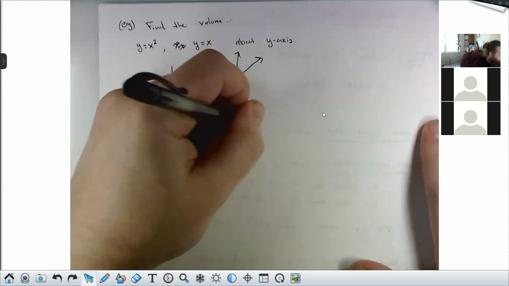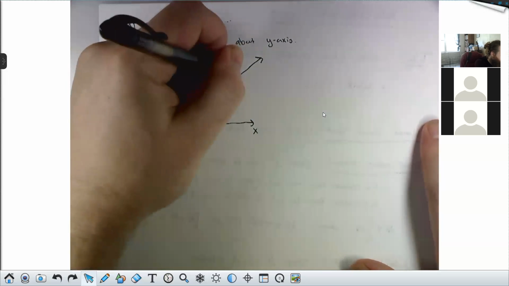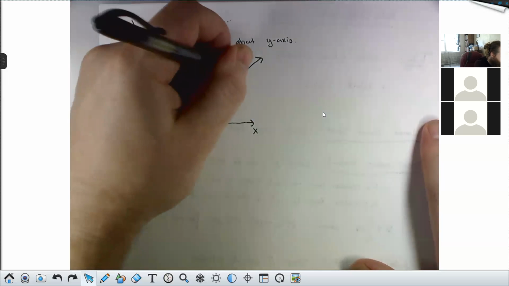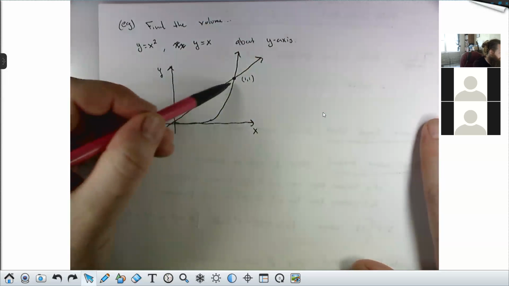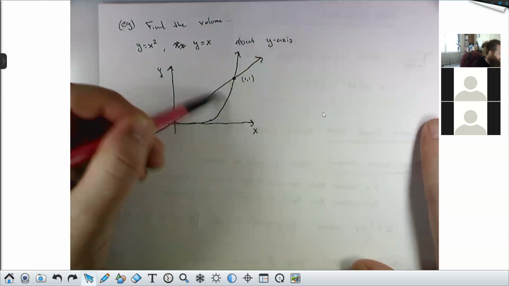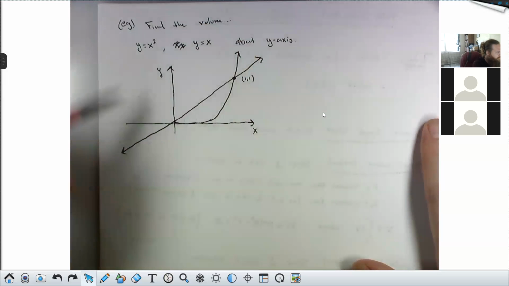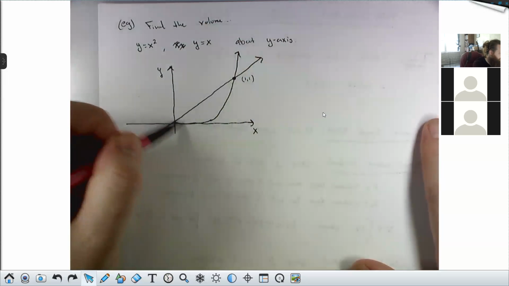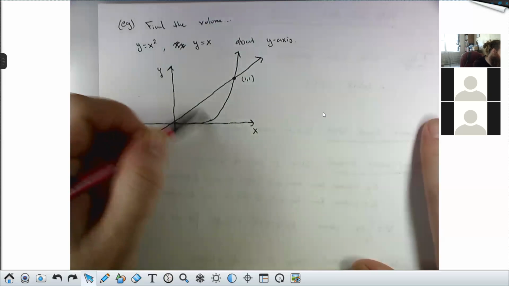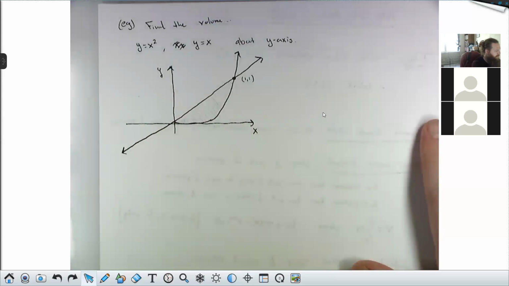Okay, so here's your x-axis, here's your y-axis. We know that this intersection point is (1, 1) in the region. Y equals x squared definitely continues over here, but I'm not going to draw that. And you see that I've zoomed in real close on the interval 0 to 1, exaggerating that parabola quite a bit.